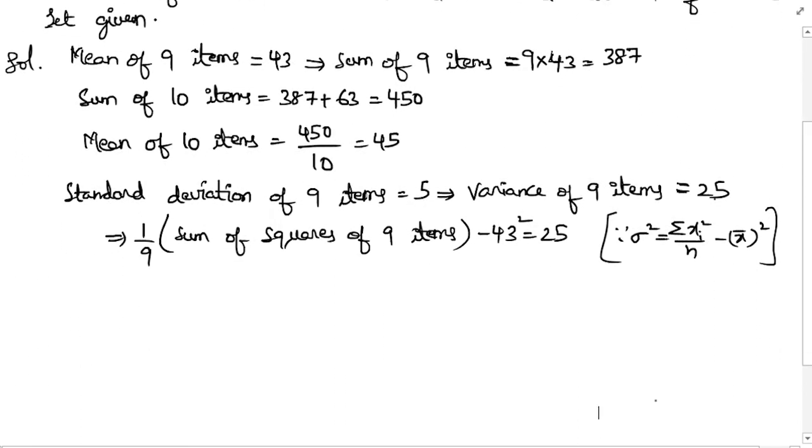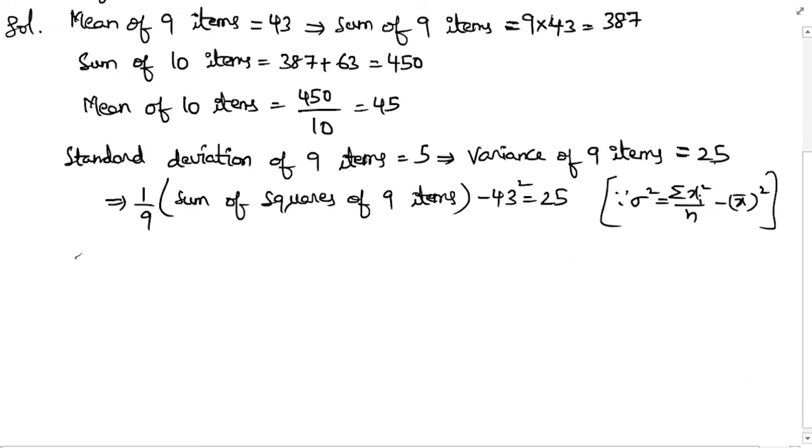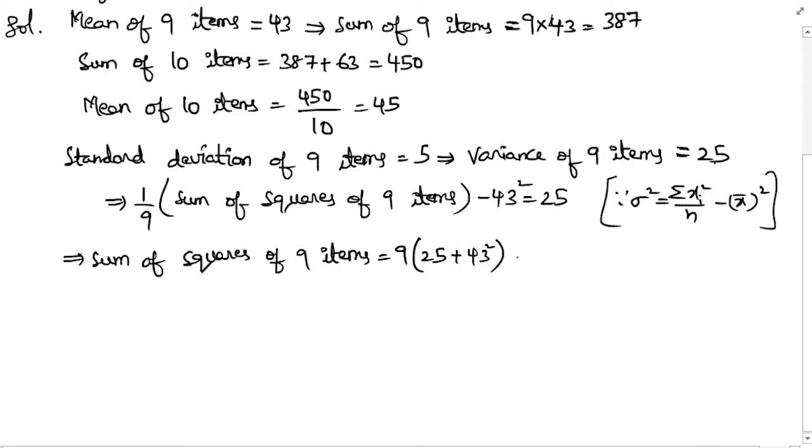So now this implies the sum of squares of 9 items is equal to 9 into 25 plus 43 square. So this will be equal to 9 into 1874, which is equal to 16866.